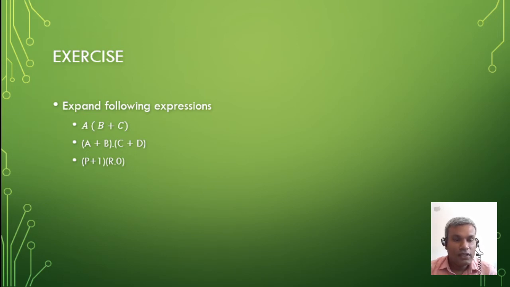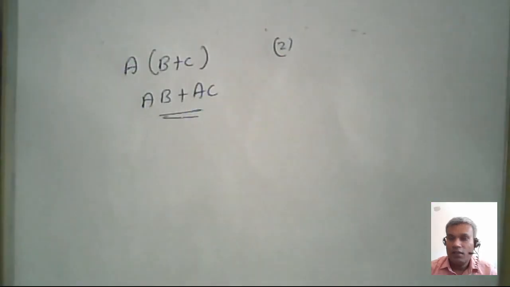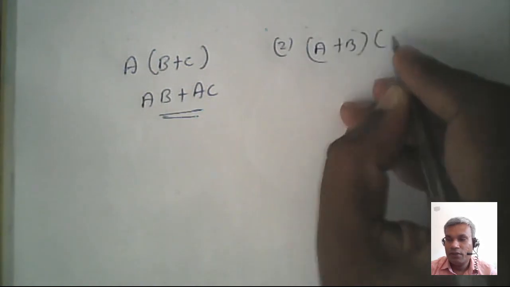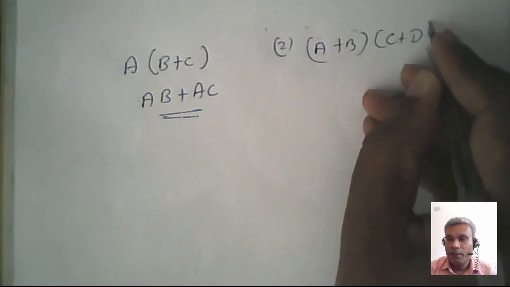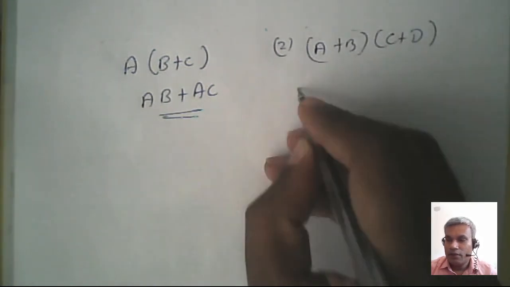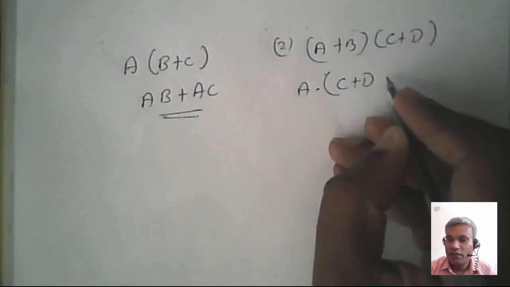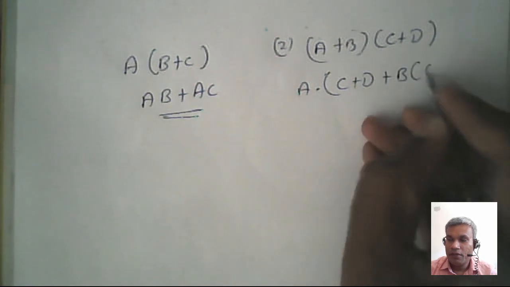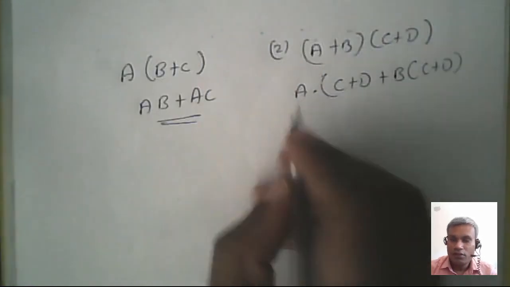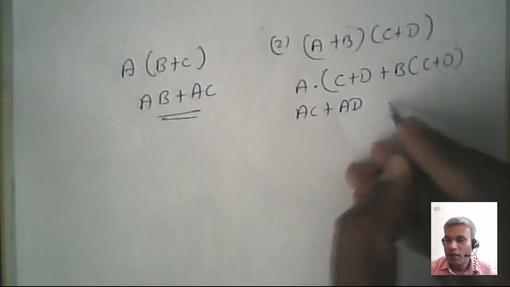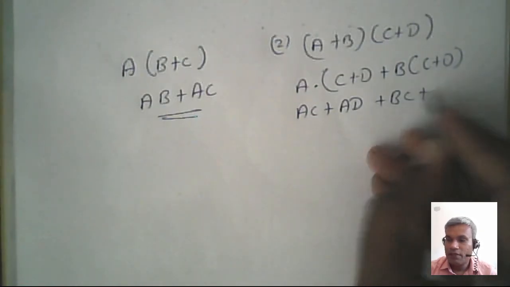Okay, if you have done that, let's continue with the answers. The second one is A plus B into C plus D. So you can basically write A into C plus D plus B into C plus D. So you end up with AC plus AD plus BC plus BD.